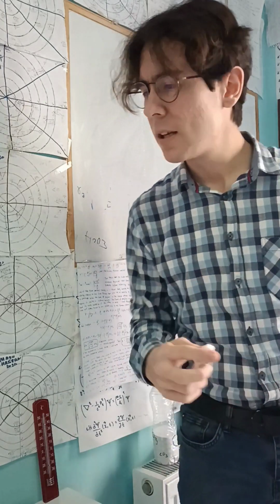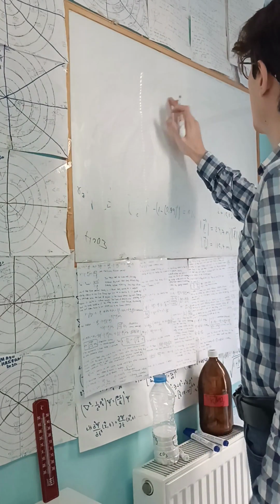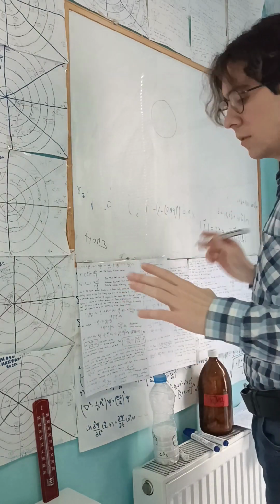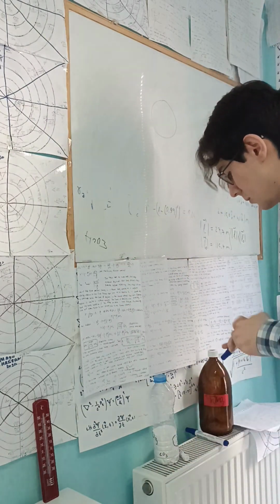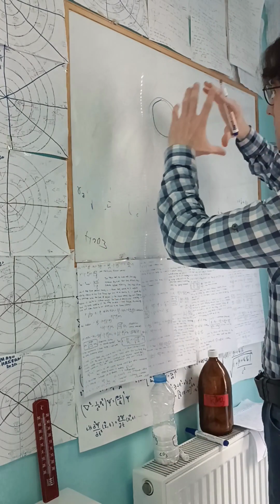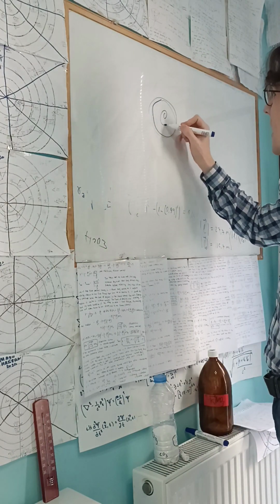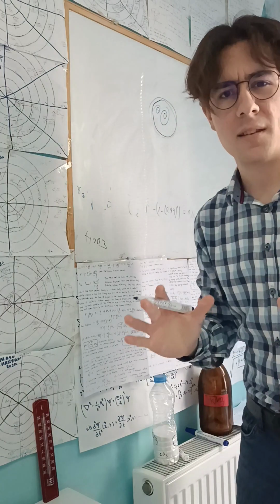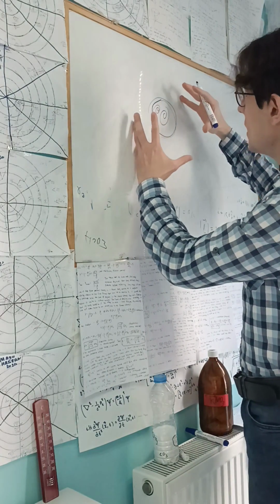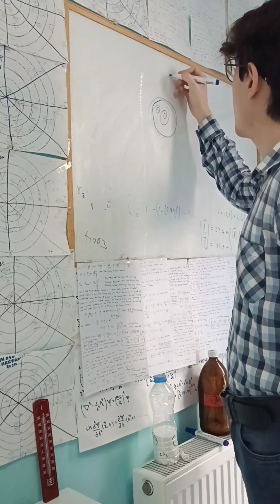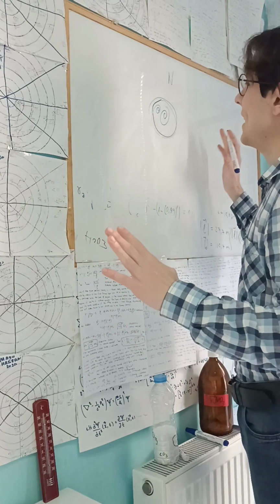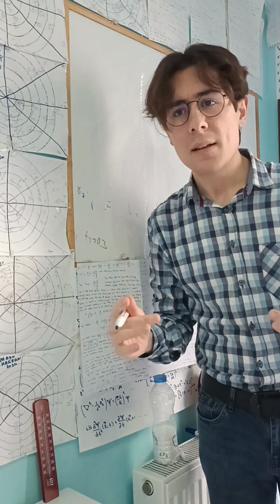Here is a given sphere and it includes galaxies inside of it. I don't know the number of galaxies per unit volume, but imagine that we have n galaxies inside of it.